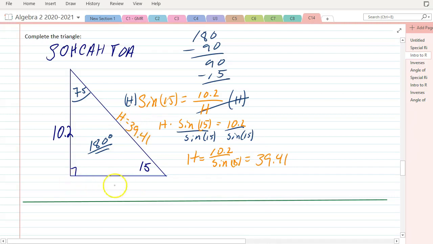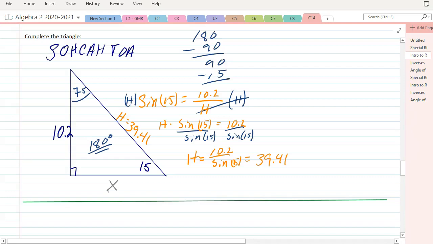Next, I need to find the side on the bottom. I'm just going to call it side x. We have a couple options for how to do this. I personally am not going to use the 39.41, because it's a number that I found. If I made a mistake, then I don't want to miss the next part of the problem also. So I'm still going to use the 10.2, and we can use either the 15 or the 75.